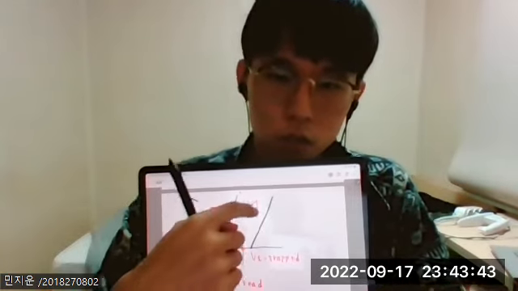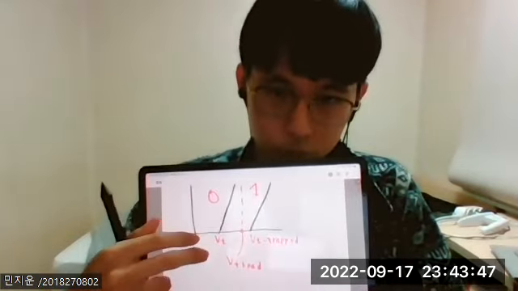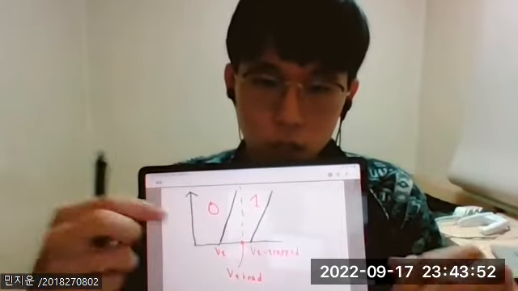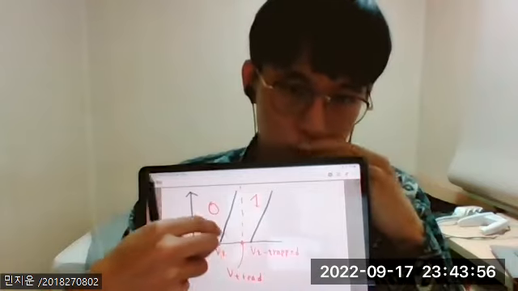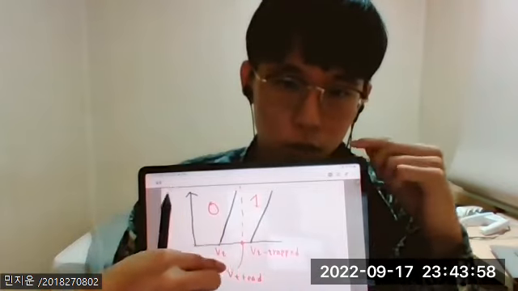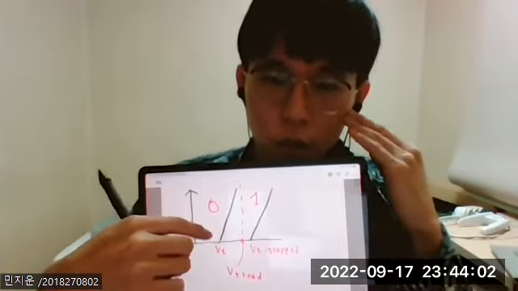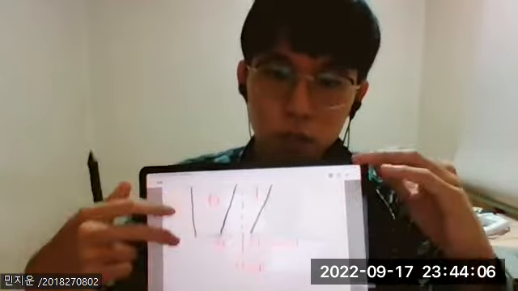So that is one data. And if you apply the read voltage and the current is very big, then there are no trapped electrons in the floating gate. This one is zero data.